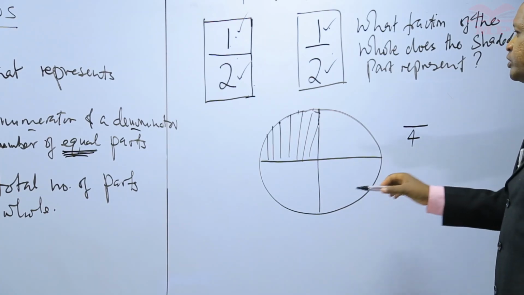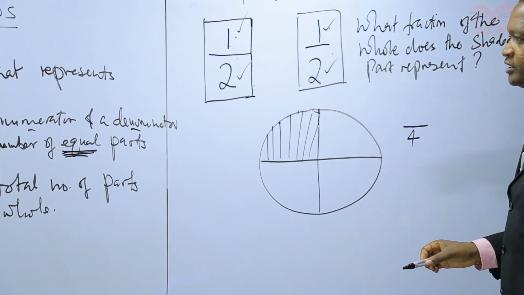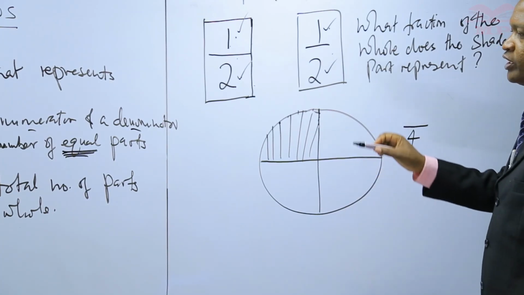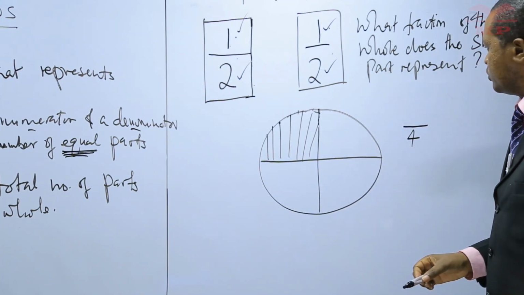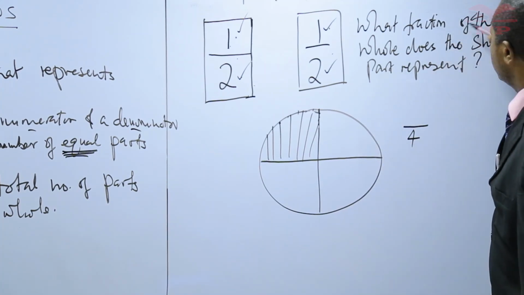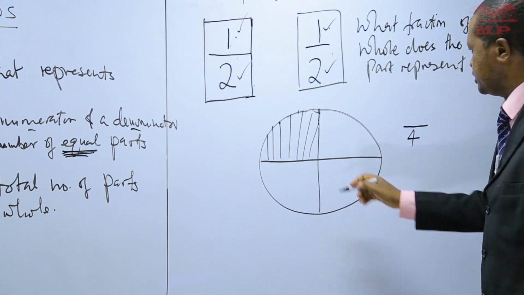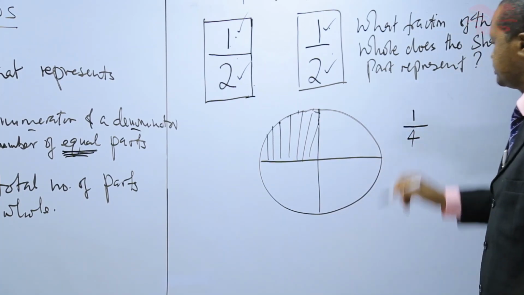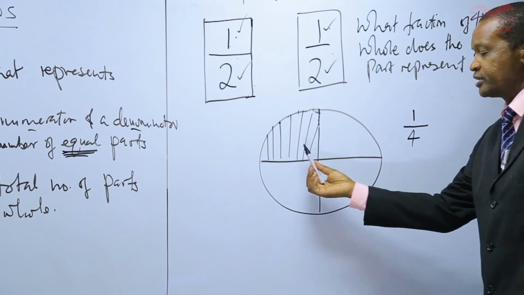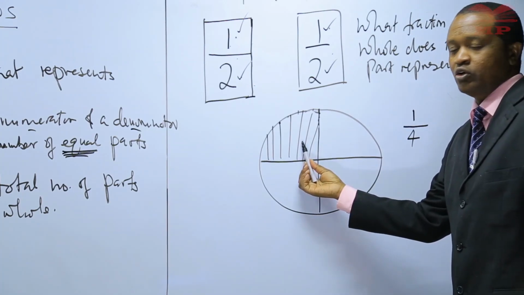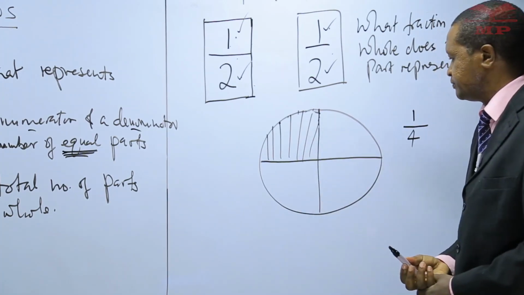And the numerator represents the number of equal parts of a whole. You can see this one is 1. Only one part of the whole has been shaded.